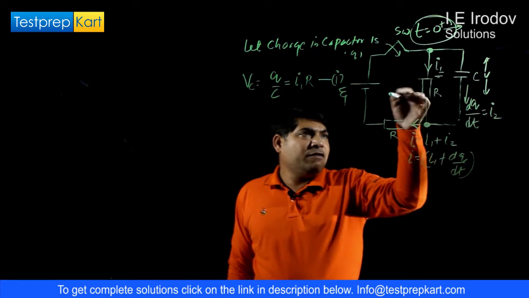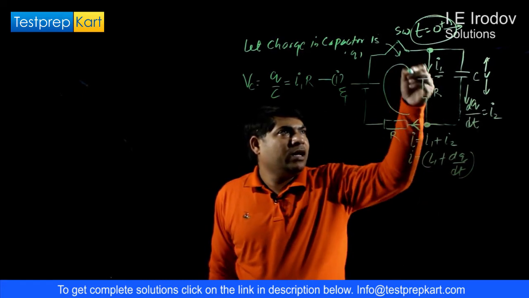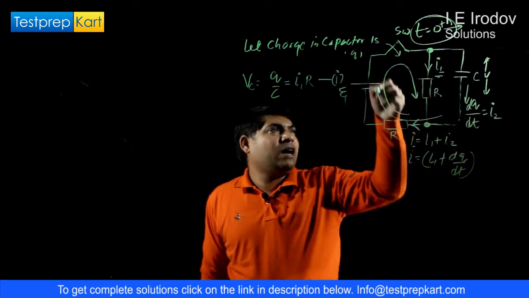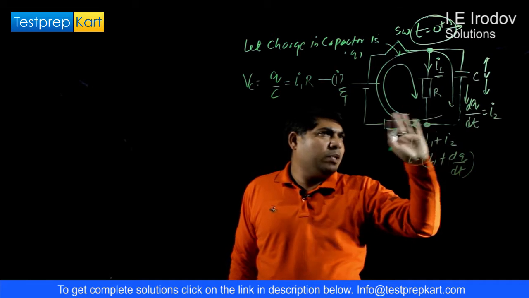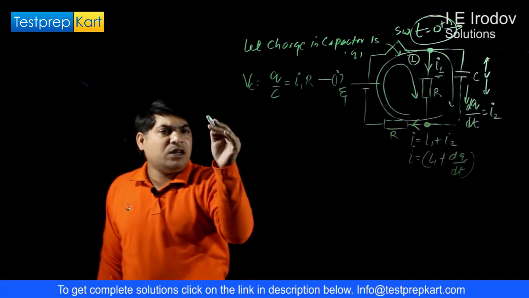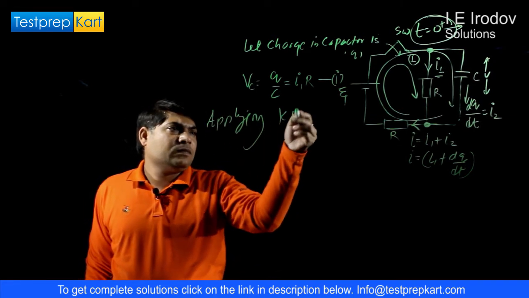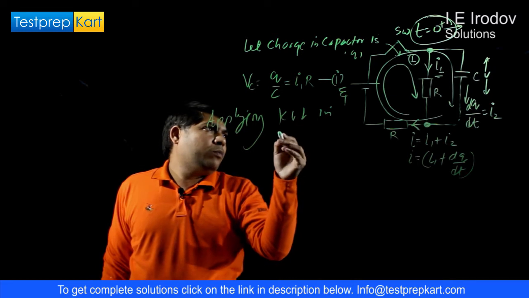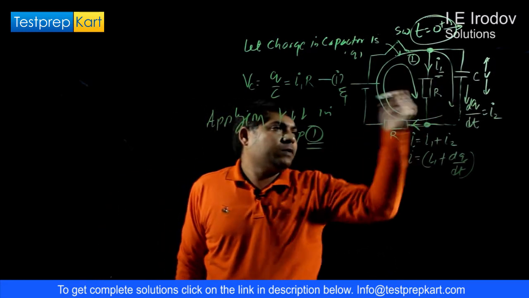Now if we apply Kirchhoff's voltage law in a loop, we can apply it in the outer loop, as those two elements are in parallel, so there will be no effect. So let's take the outer loop, loop number 1, this path.